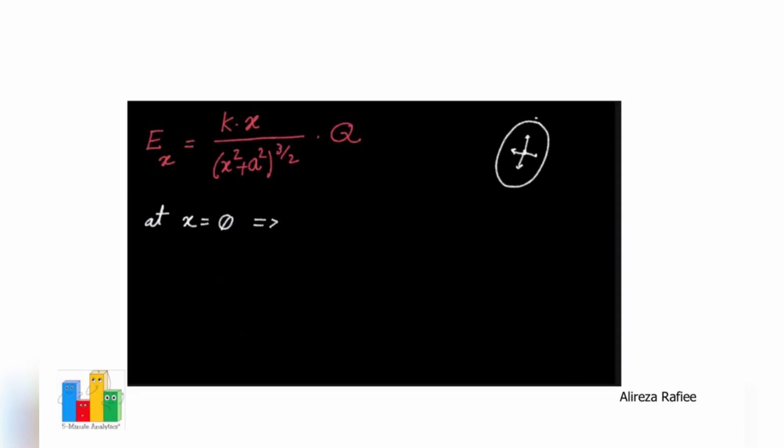If I put x equal to 0 in this equation, I would get E sub x equal to k times 0 divided by (0 + a²) to the power of 3/2 multiplied by q. And because a² is not 0, this has a finite value, which is 0. Okay, so that makes sense.